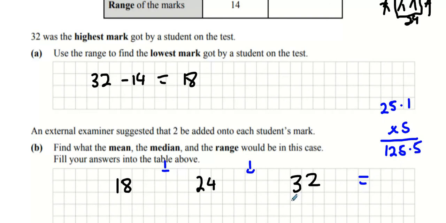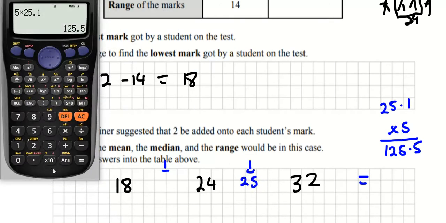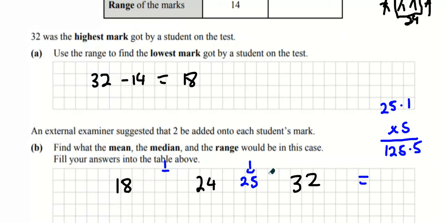And for argument's sake, if I could just call this 25 here. Actually, we'll see if this works out, okay? So 125.5, take away the 32, take away the 25, take away the 24, take away the 18. 26.5 too high, so why don't I make this bigger?